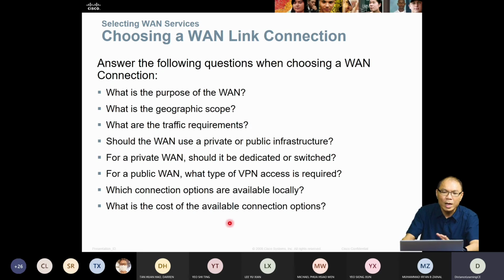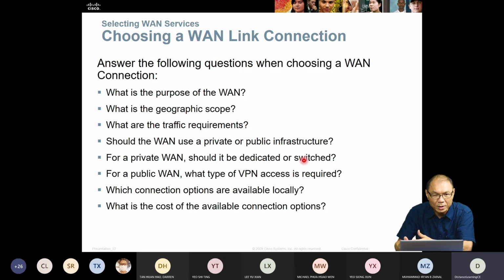So understanding all these technologies will give you the opportunity to decide what type of wide area network connection you want to choose for your organization. This particular lesson is not to tell you that one technology is better than another.